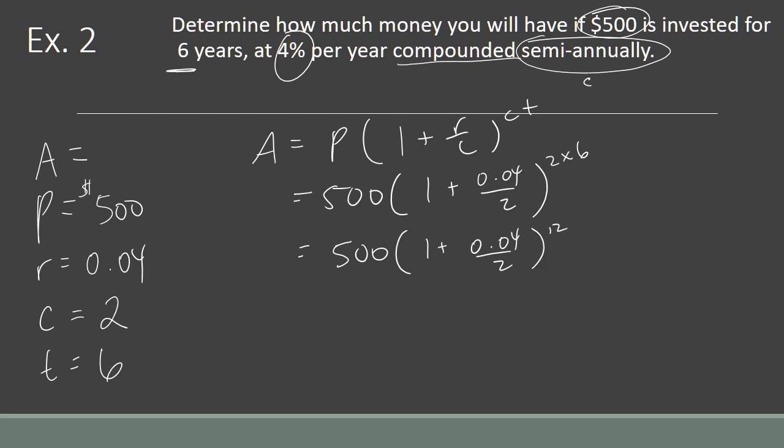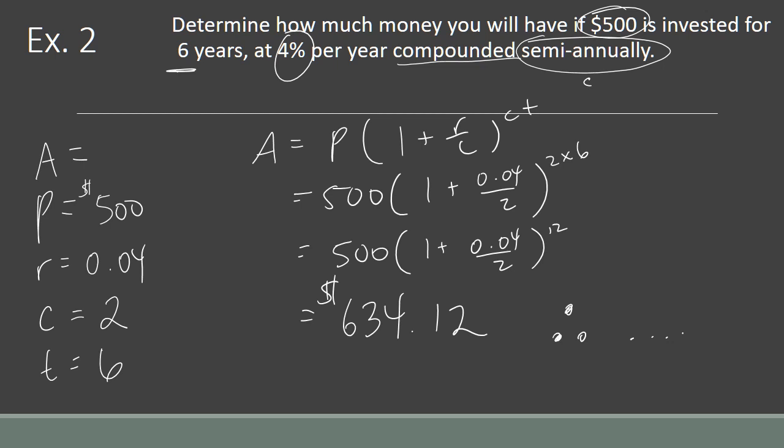And then enter into your calculator just like that. 500, open bracket, 1 plus 0.04 divided by 2, close bracket, exponent 12. 2 decimal places, maybe pause it, make sure you get the same thing as I do. $634.12. And don't forget a therefore statement.